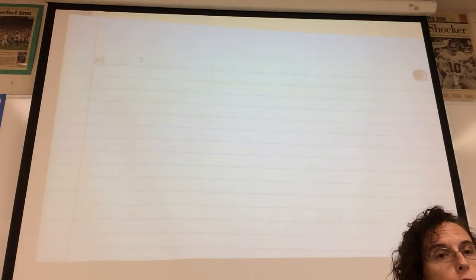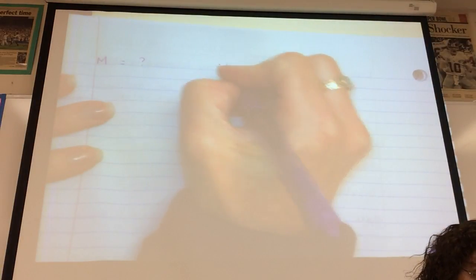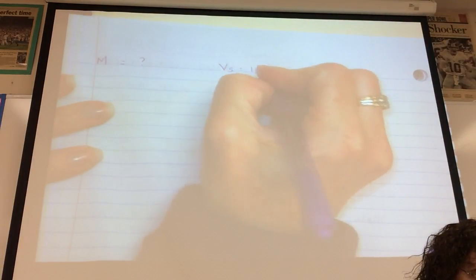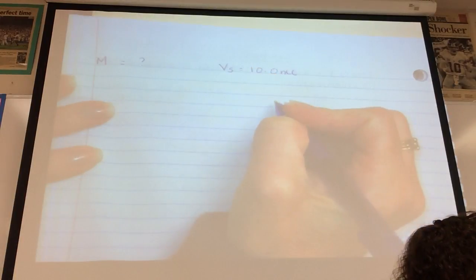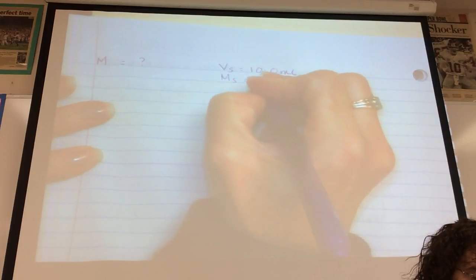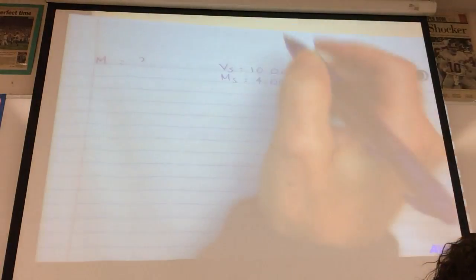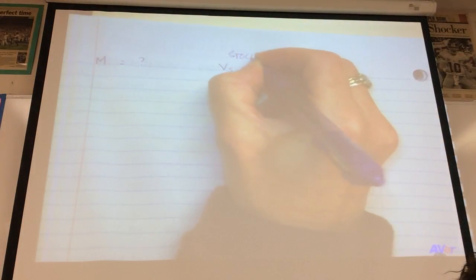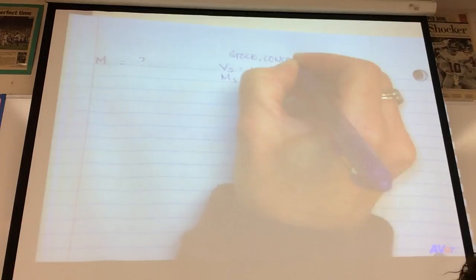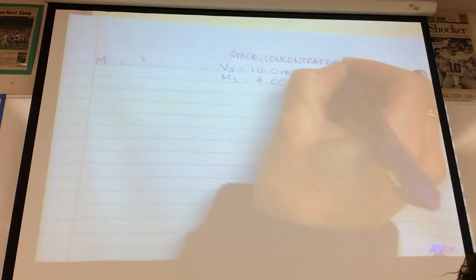If you're going to be diluting something, then that's your stock solution, which I highlighted in green. So the volume of the stock solution is going to be 10 mL. The molarity of the stock solution is going to be 4 molar. So this is the stock solution, the concentrated solution that's sitting on the shelf in the laboratory.